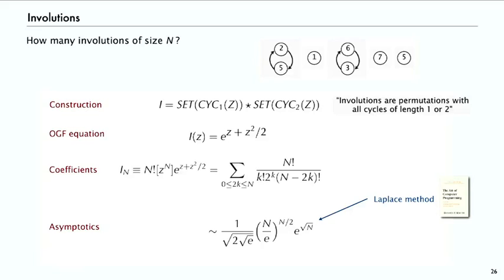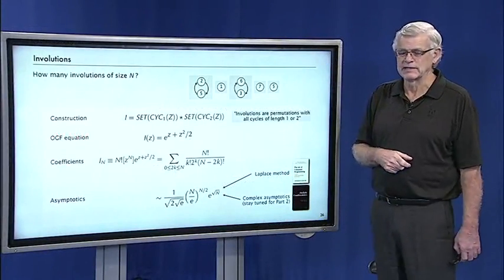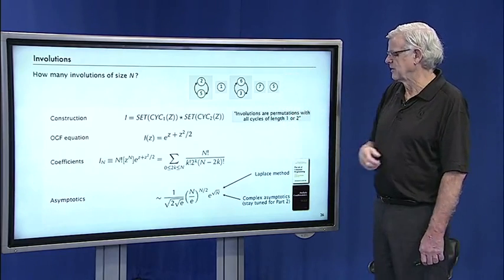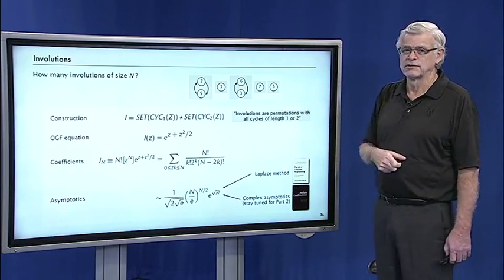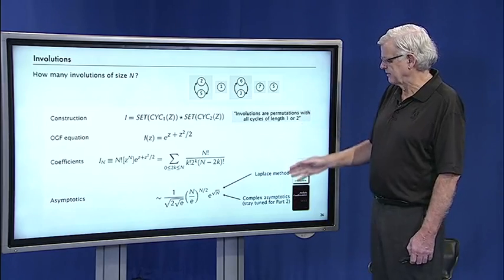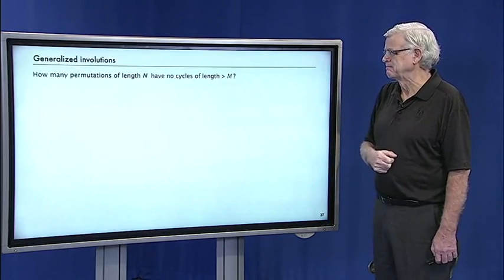And that's done in Knuth volume 3. Or later on in part 2, we'll see how to, with complex asymptotics, directly get that answer out. So with analytic combinatorics, we can get directly to results like that, although the asymptotics of that is definitely not trivial.